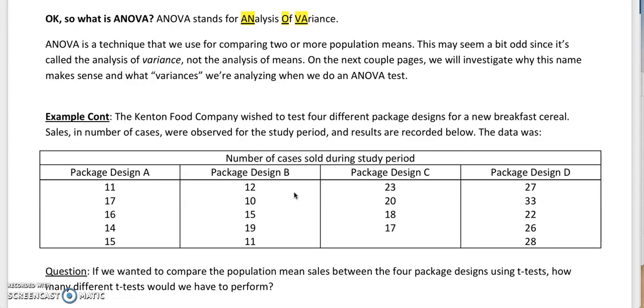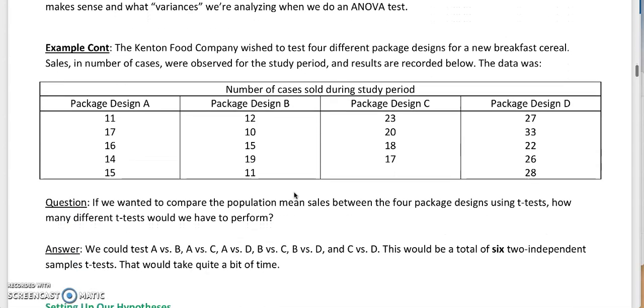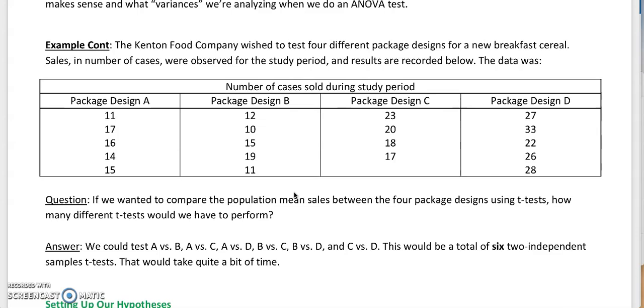If we wanted to compare the population mean sales for the 4 designs, and so far we've only learned about how to do a 2 independent samples t-test, how many different tests would we actually have to perform? And you could try to list them out. We could do A versus B, A versus C, A versus D, B versus C, B versus D, and C versus D, which means we would have a total of 6 different 2 independent sample t-tests.